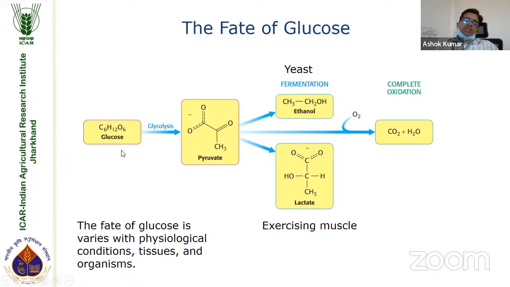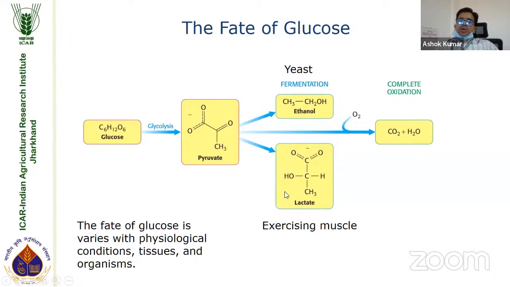After digestion, glucose in the cell gets oxidized to pyruvate, and further this pyruvate, under anaerobic conditions, either gets fermented to ethanol or reduced to lactate. If aerobic conditions persist, it can enter the tricarboxylic acid cycle, where it will be completely oxidized to CO2 and H2O.